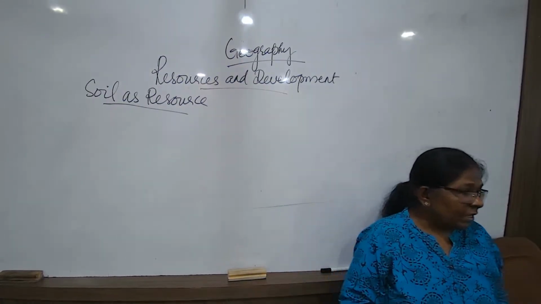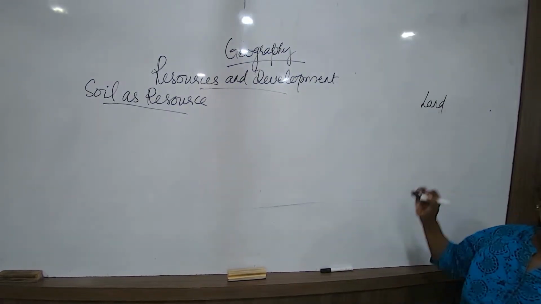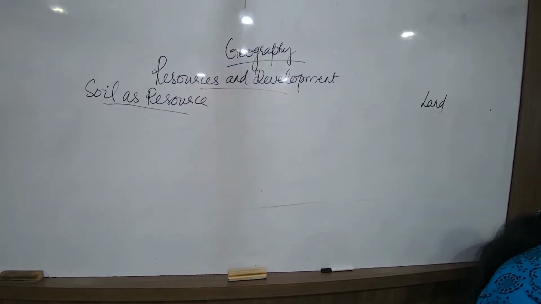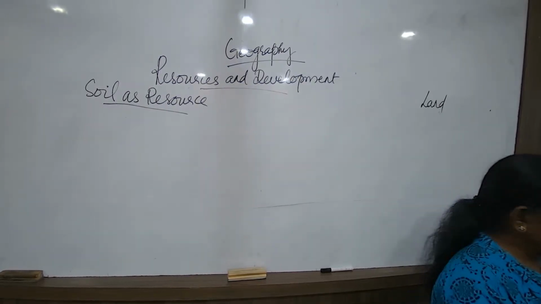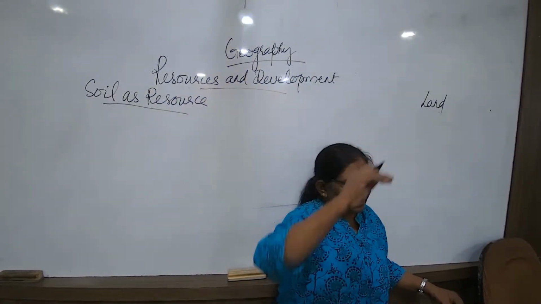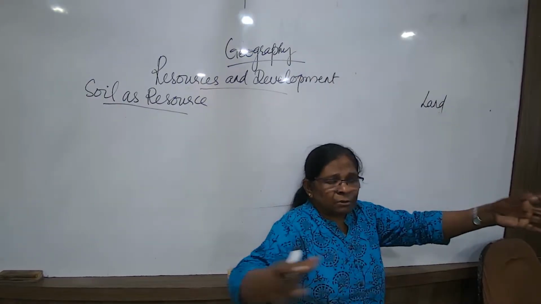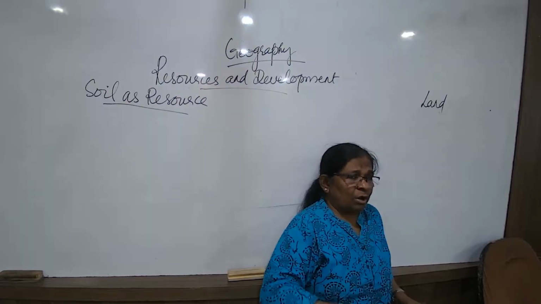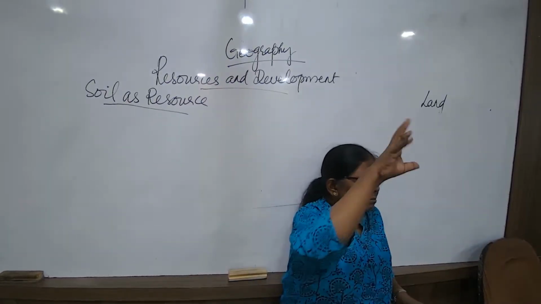See, when we talk about the land, it is the whole part, the lithosphere part. You studied about lithosphere, no? The soil is the uppermost layer of the crust. On land we are doing so many activities. We grow crops, we do road construction, building construction.